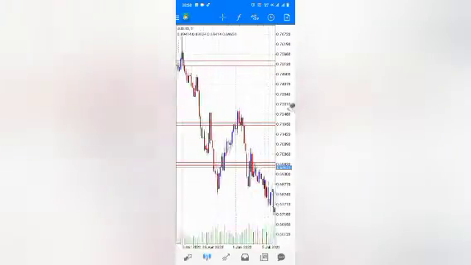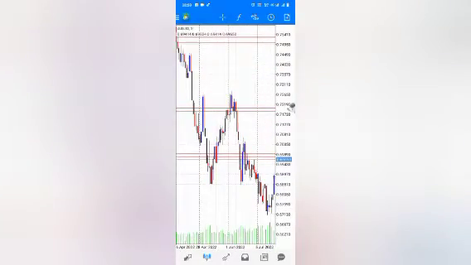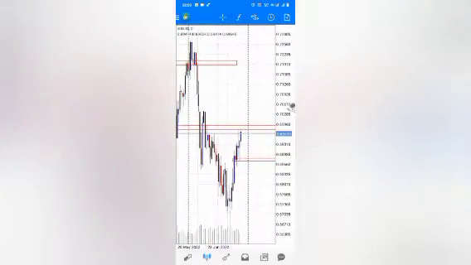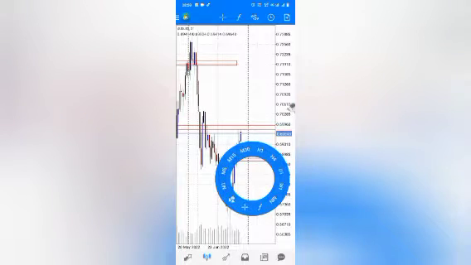I'm going to use this pair as a typical example. One thing I'm going to check is the major trend of this pair, which can be determined using my higher time frame, be it daily or weekly.